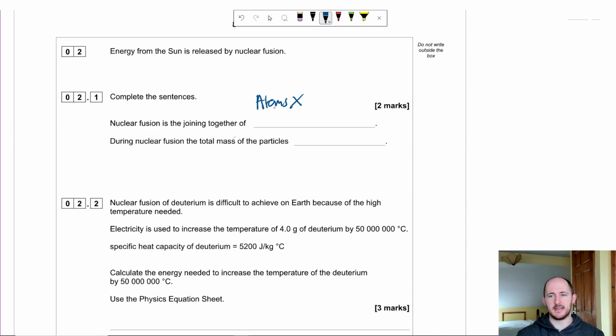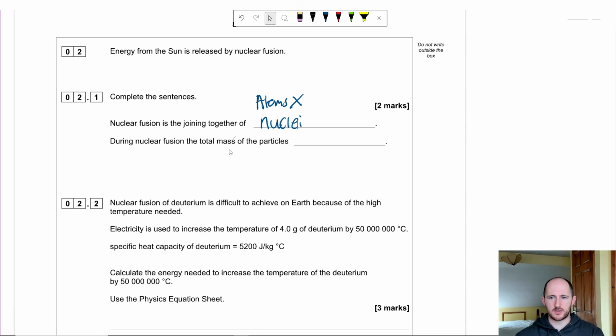So you have to say fusing together or joining together of nuclei, not atoms, because atoms don't really exist in the sun. It's so hot that they've been broken apart into nuclei and electrons. So they're basically a bunch of ions.